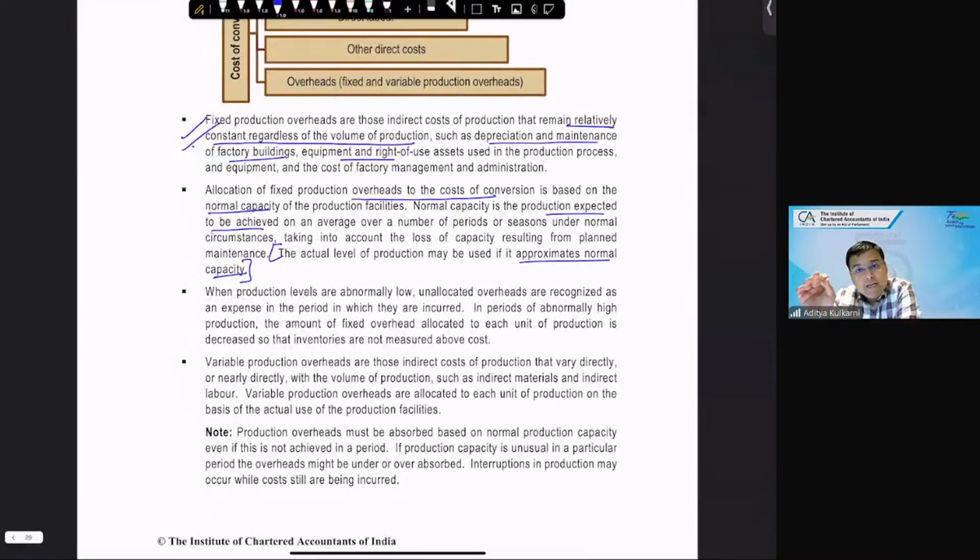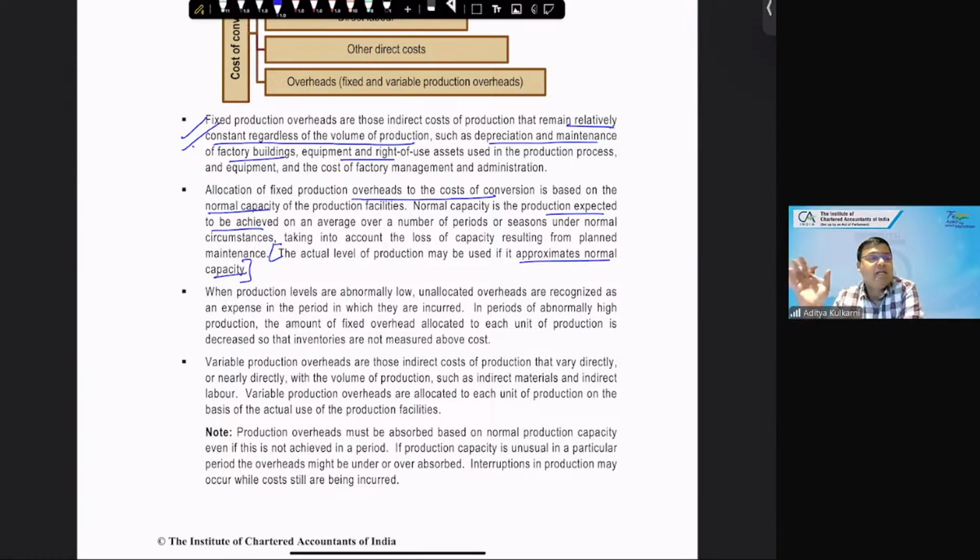You will typically avoid using output method. Always remember this. Output method of absorption typically आप avoid करोगे because in that case the absorption rate per unit will be the same. So output method can be used only if you are manufacturing only one product. Then output method will work.